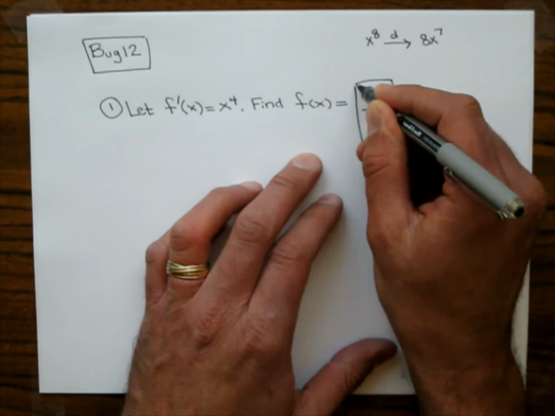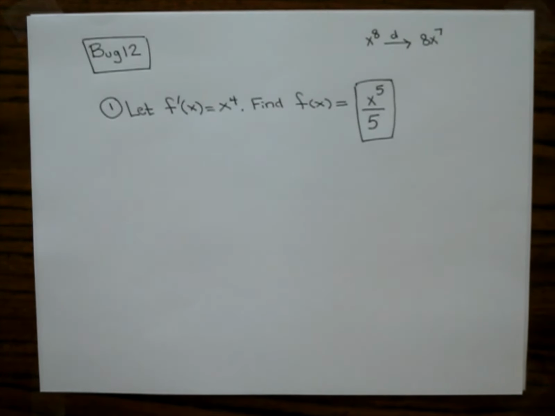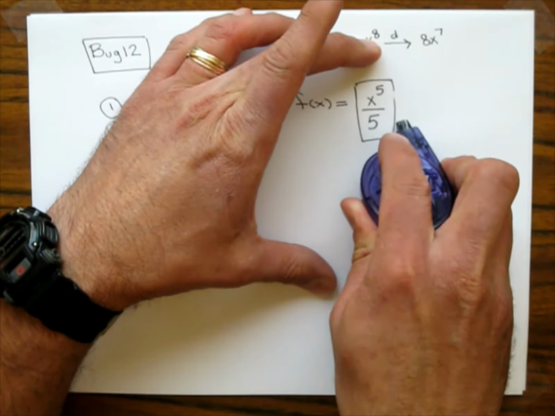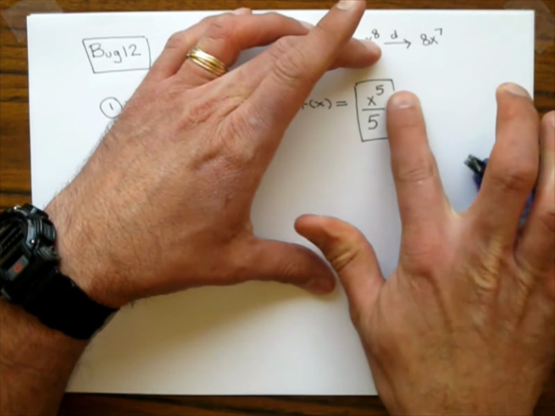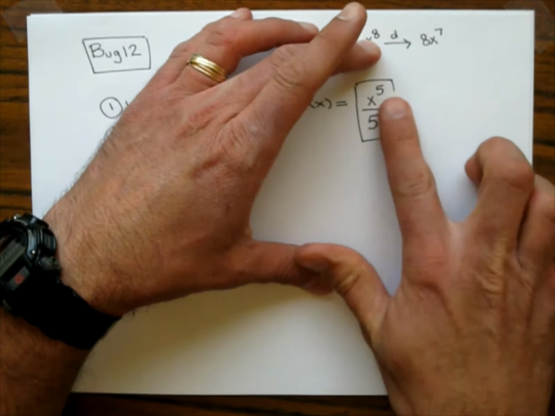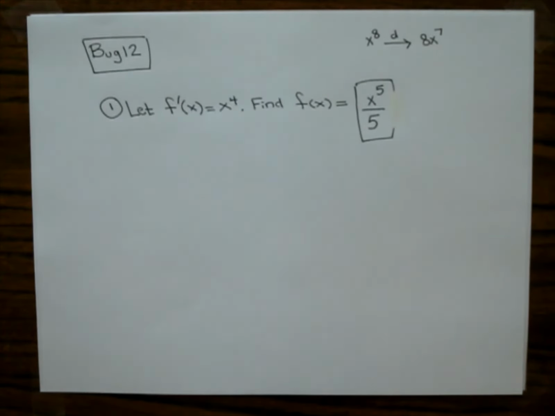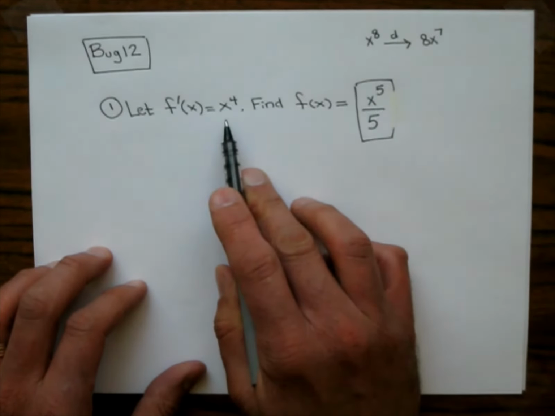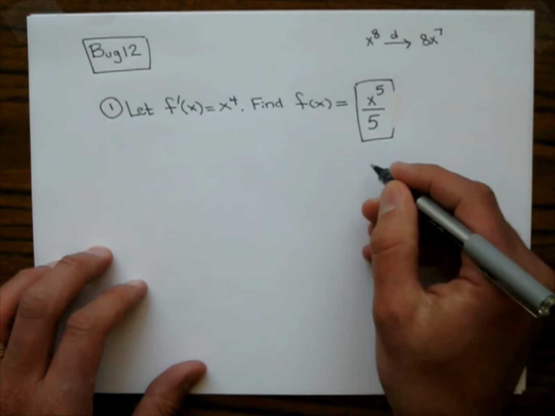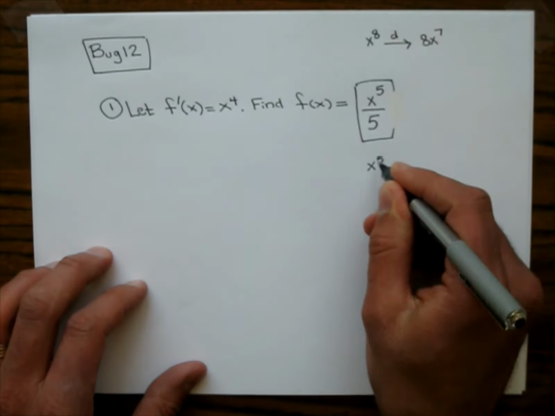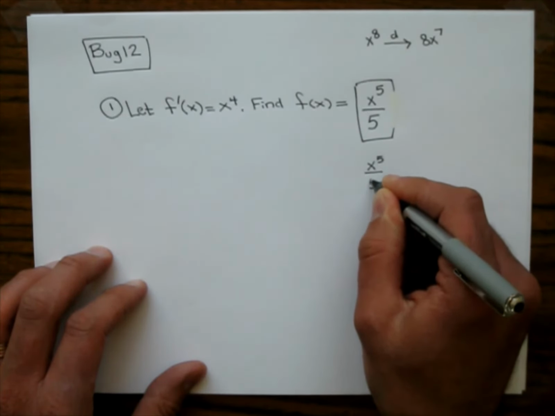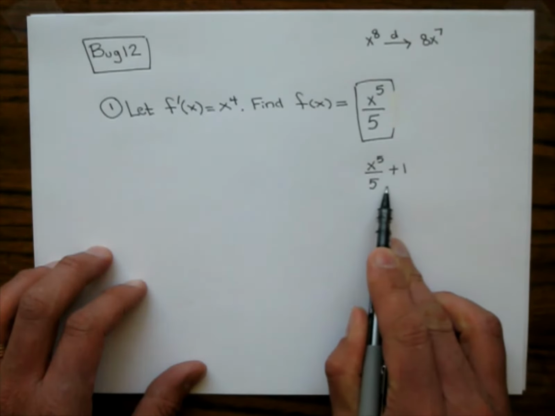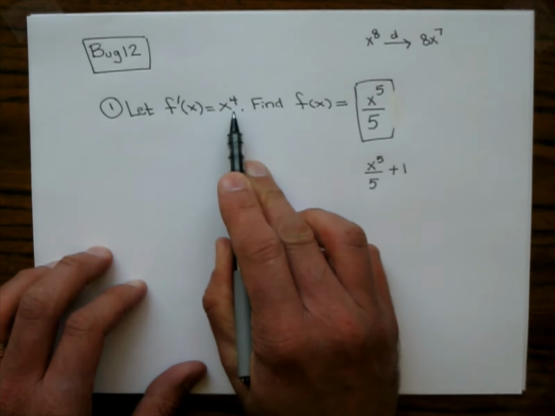Now here's the deal. I probably should not have boxed it all the way. So let me go ahead and unbox it. And you're probably thinking, well, what happened, Joe? Didn't we find it? Well, yes, you take this derivative, you end up getting x to the fourth. But also, if you take the derivative of x to the fifth over 5 plus 1, it is x to the fourth.